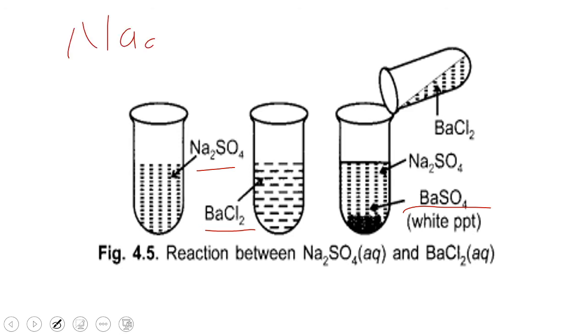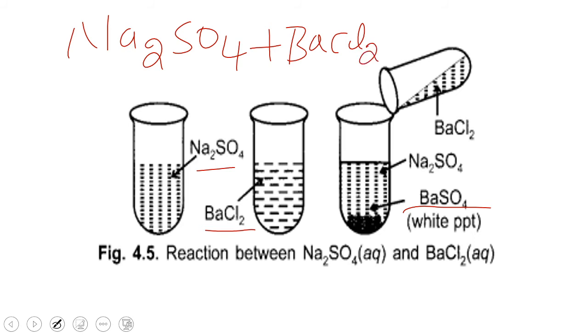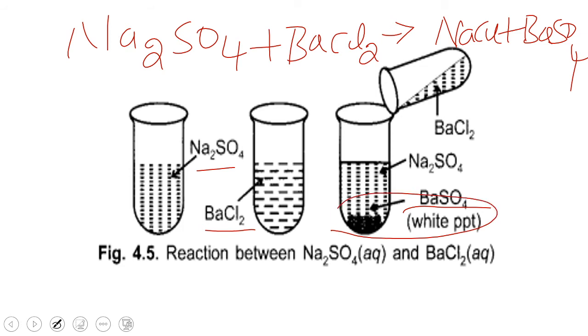It's Na2SO4 plus BaCl2 gives rise to NaCl plus BaSO4. Barium sulfate is formed. A white color precipitate is formed.